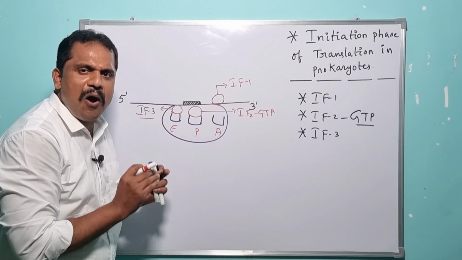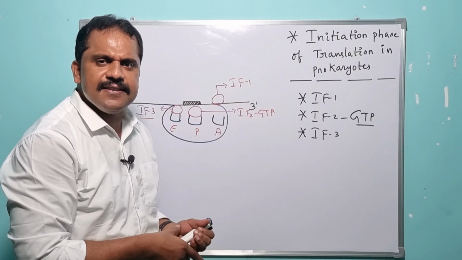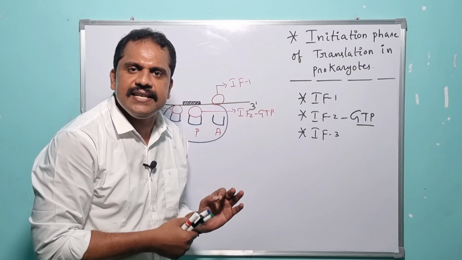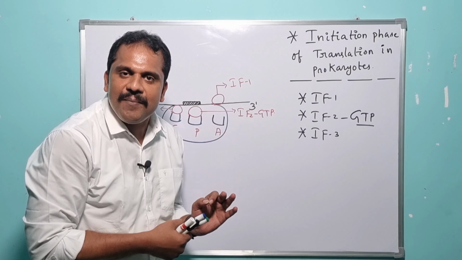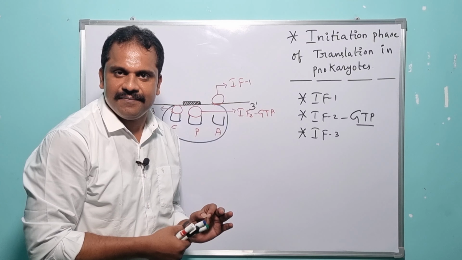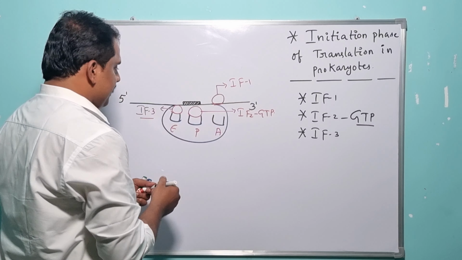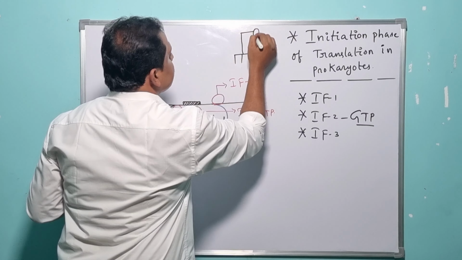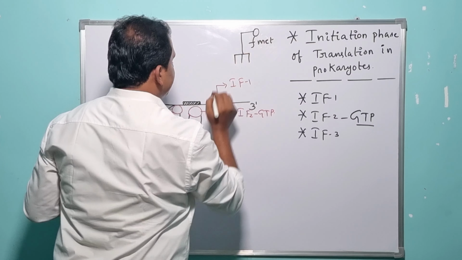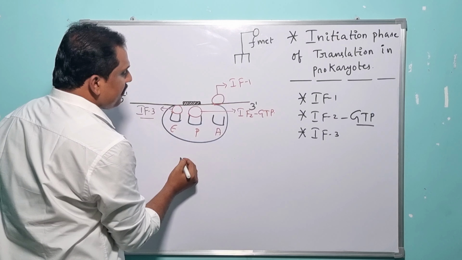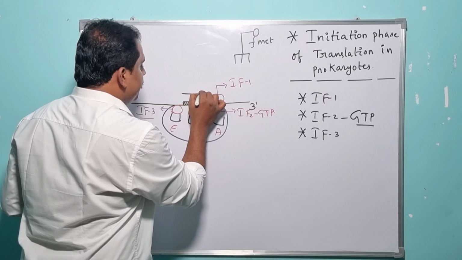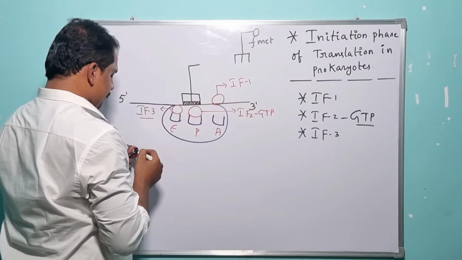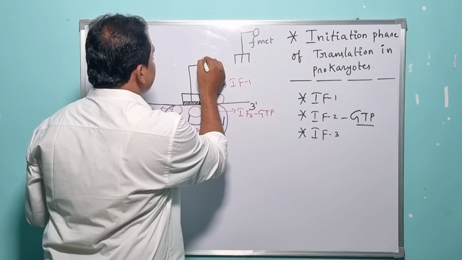In order to initiate the translation process, a specialized tRNA known as initiator tRNA, with its encoding amino acid, which is nothing but formylated methionine, comes into the picture and gets successfully recruited to the P site of the ribosome. So this is the formylated methionine, right?